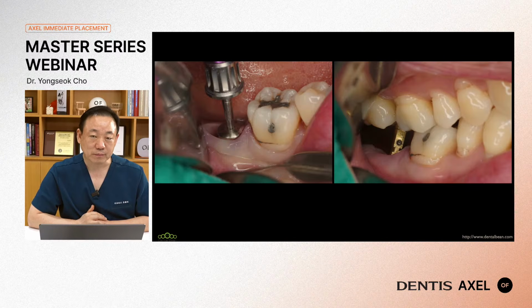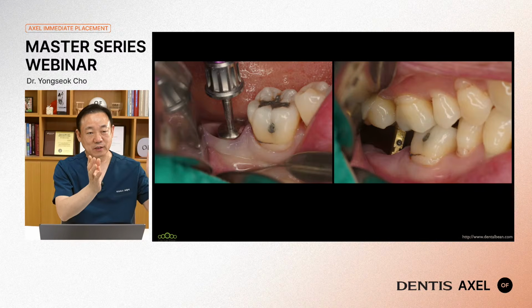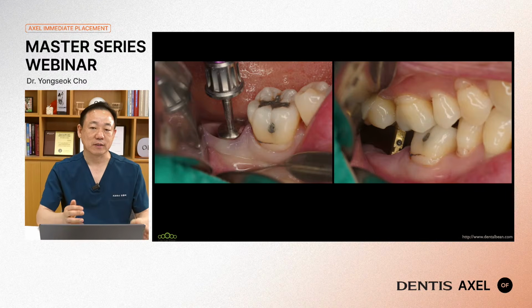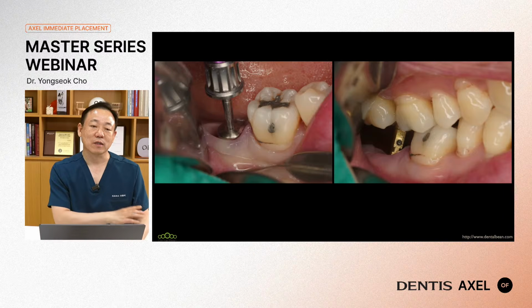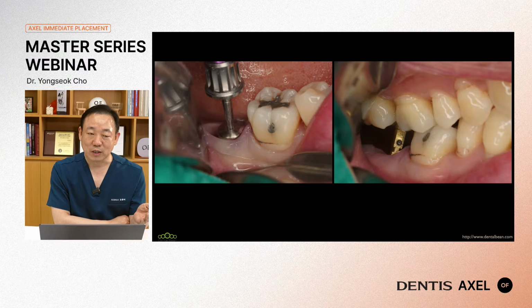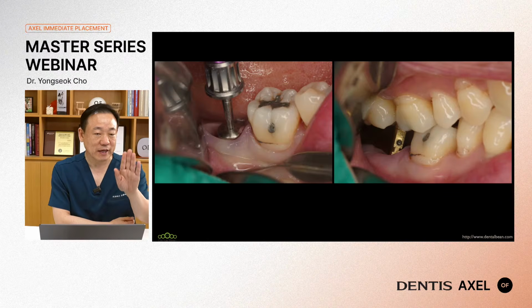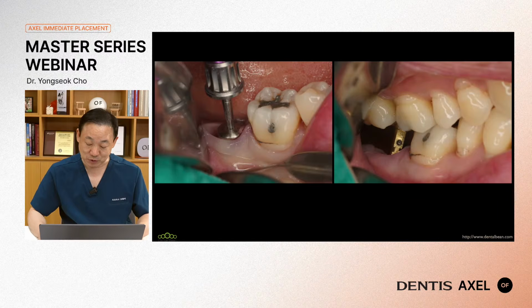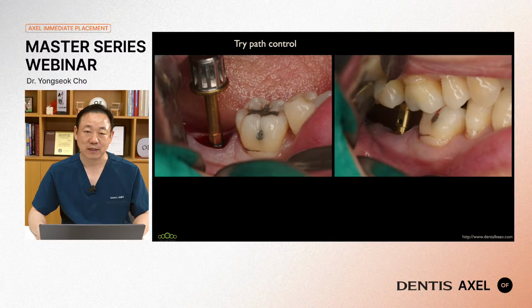When the opposing tooth is tilted or elongated, depending on the option, you do an endo and crown or just do enameloplasty. You must aim the lower implant axis toward the opposing tooth. In this case, I decided to tilt slightly backward, so simply control the path.